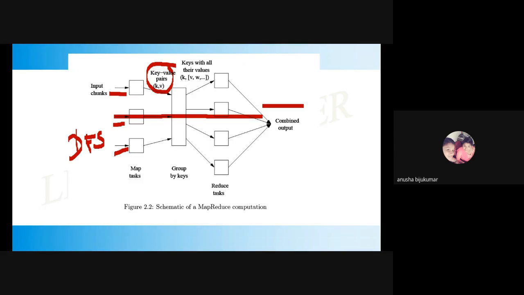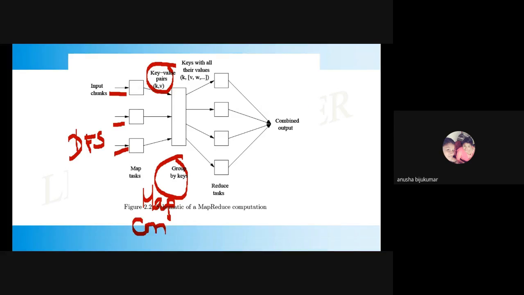Key value pairs are grouped by the master controller, which will sort all the keys, and it is passed to the reducers. Each task is given to a reducer, and after doing the computation by the reduce tasks, all the results are combined, and this combination is done by user code.